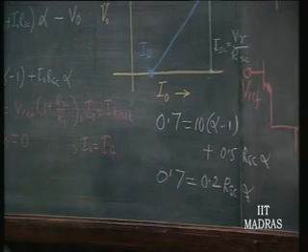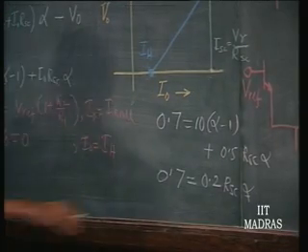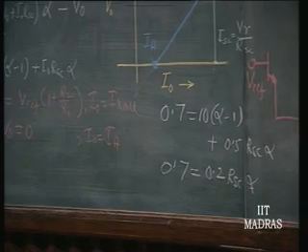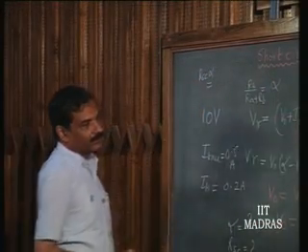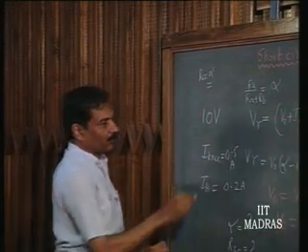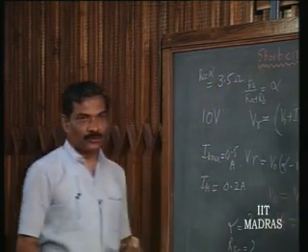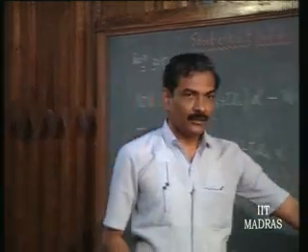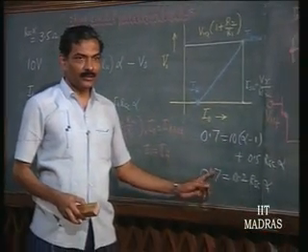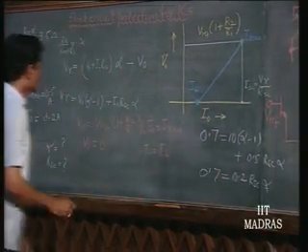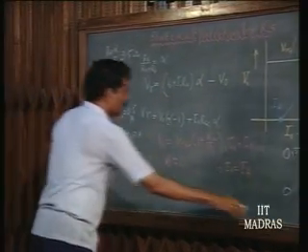So, from this you will get RSE into alpha as 3.5 ohms. Is it understood? So, you know RSE into alpha as 3.5 ohms.